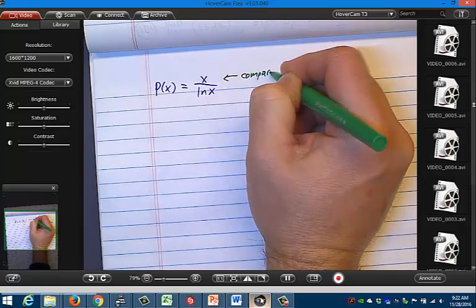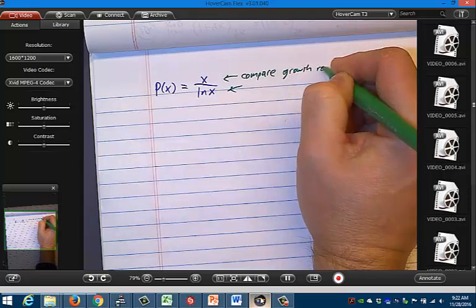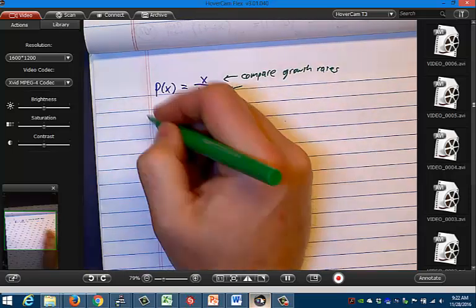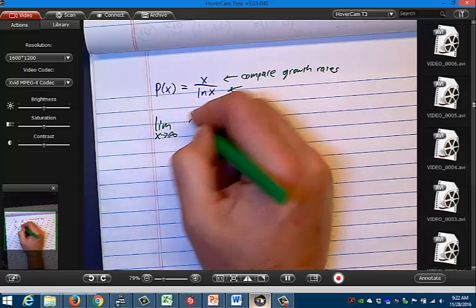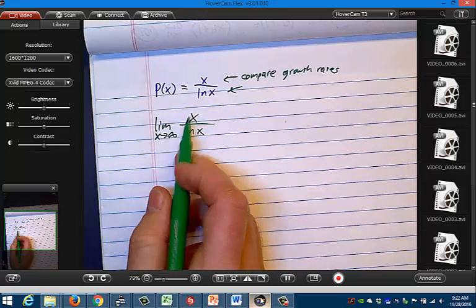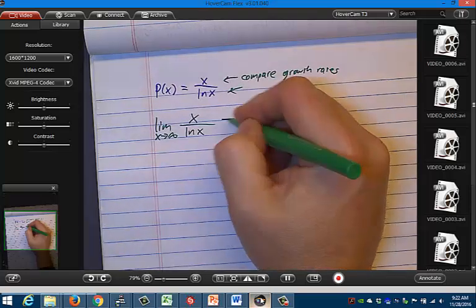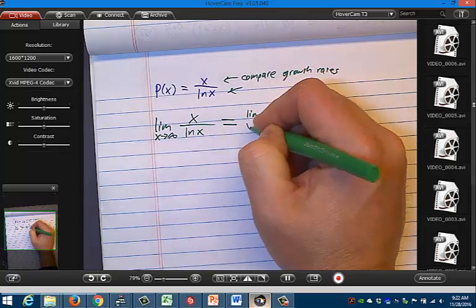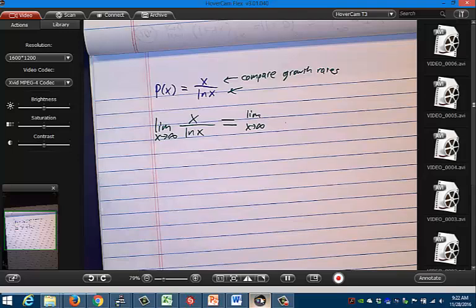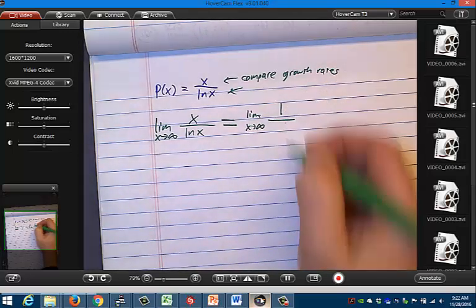rates. And so if I plugged in limit as x approaches infinity, if I plug in infinity, the natural log also grows to infinity, so you'd get infinity over infinity. But the point is, we can do L'Hopital's rule. And if I do, what do I get? I get the limit as x approaches infinity of 1 divided by what? 1 over x.